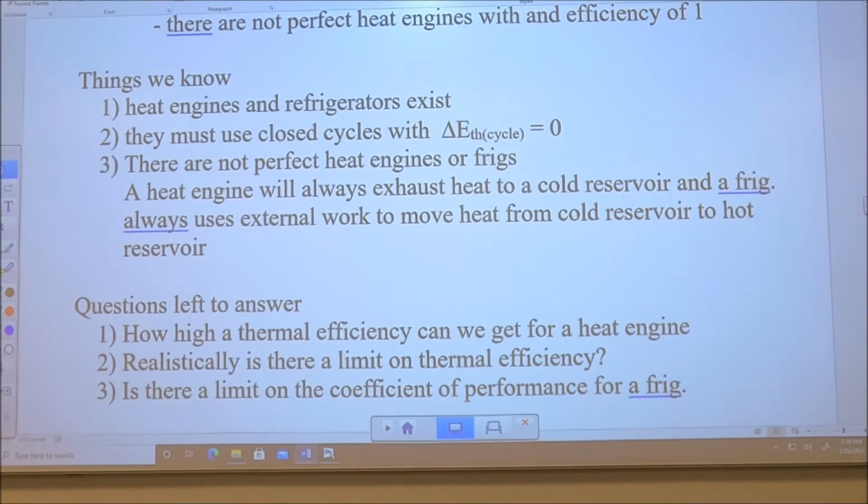We know they must be closed cycles, that the change in thermal energy for a complete cycle has to be 0. There are no perfect heat engines or refrigerators, and heat engines will always exhaust heat to a cold reservoir, and fridges always use external work to move heat from a cold reservoir to a hot reservoir. Okay?